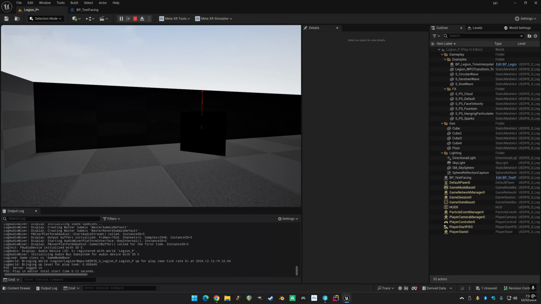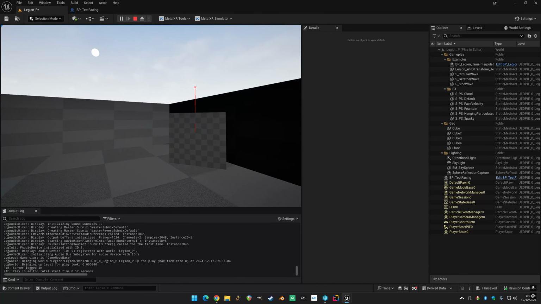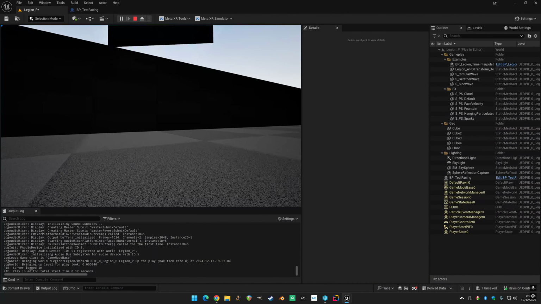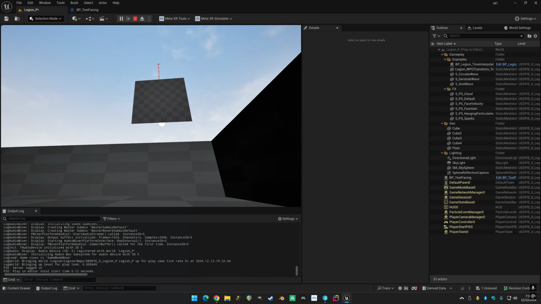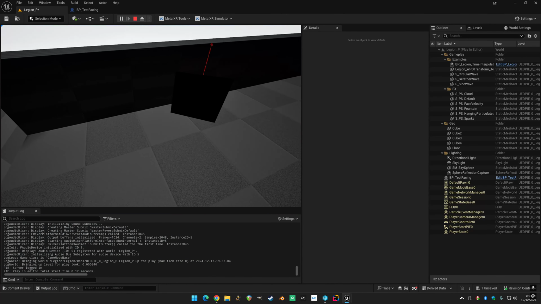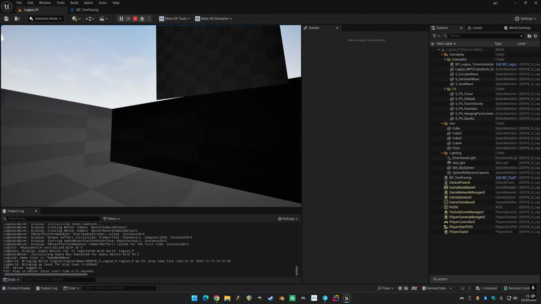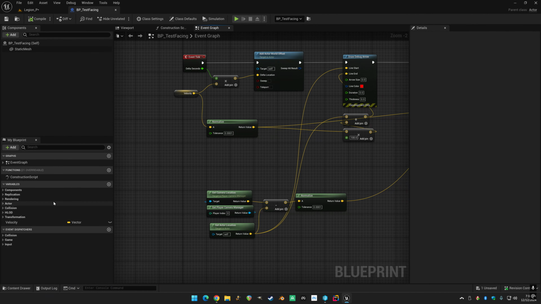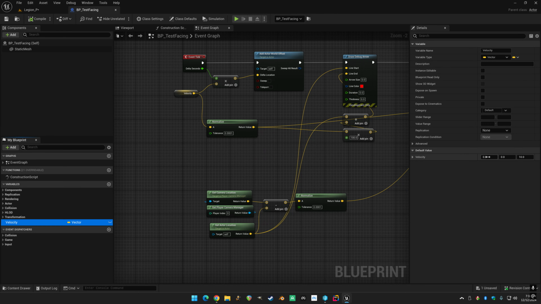So if you look, it's facing us now. But if I get down below it, it's not doing exactly what you would expect. Or let's make it move maybe in the x, y, and z.